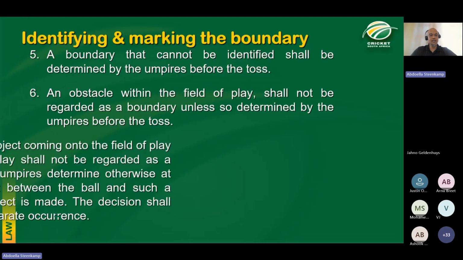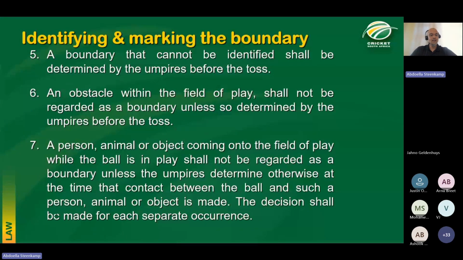The first one is when there is an obstacle in the field of play, like rugby poles or soccer poles, which you often find at school grounds where different sporting codes share the same facilities.